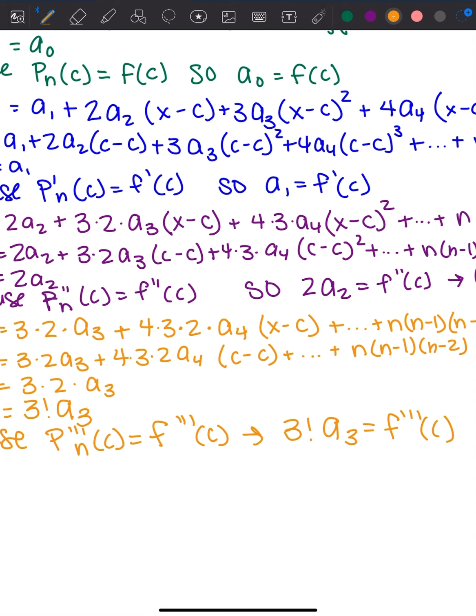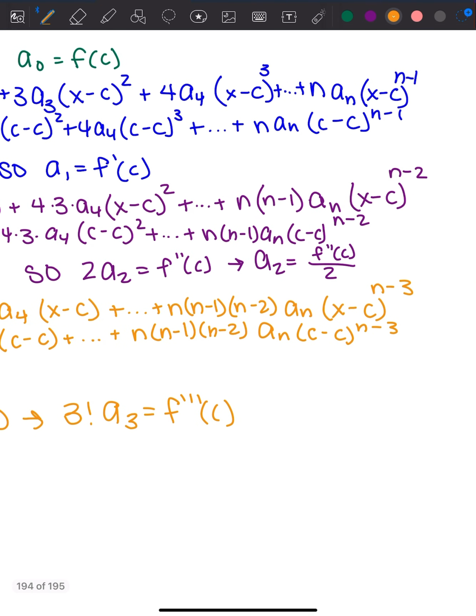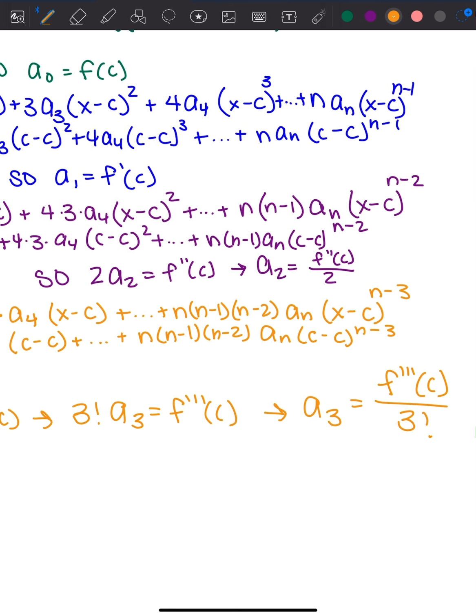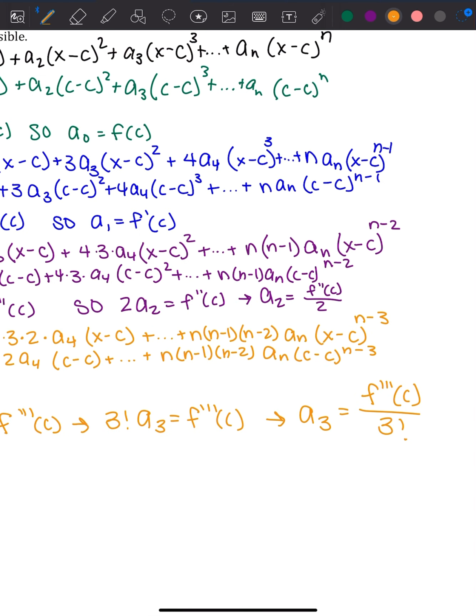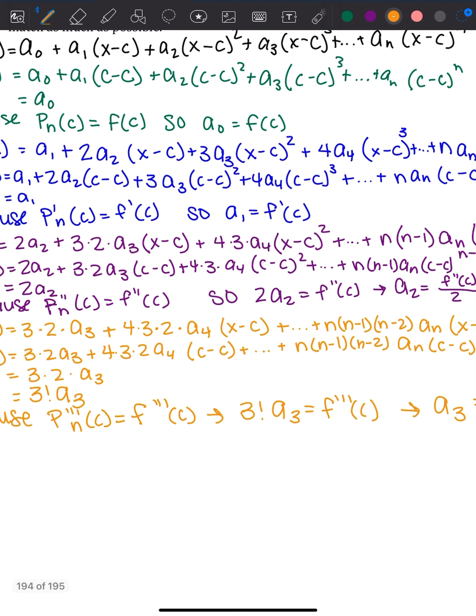We also want that coefficient to be by itself, so we're going to change that along to say a sub 3 is equal to f triple prime of c divided by 3 factorial. Well, if I were to do this again, we'll have 4 times 3 times 2 times 1 realistically, so this is going to be 4 factorial here.